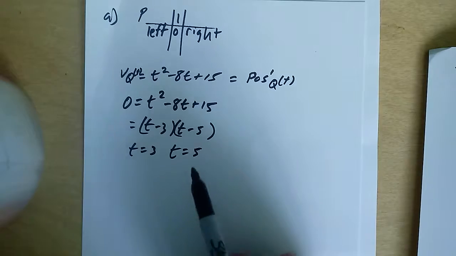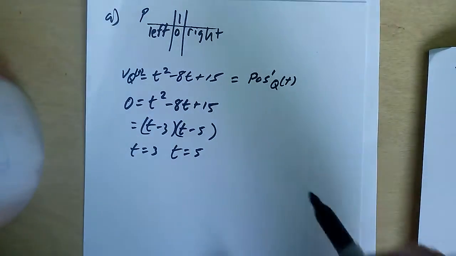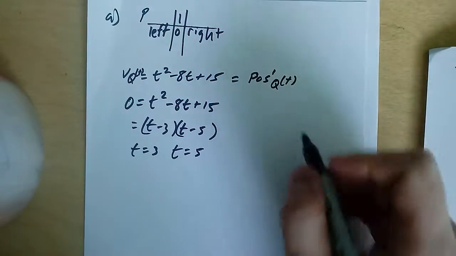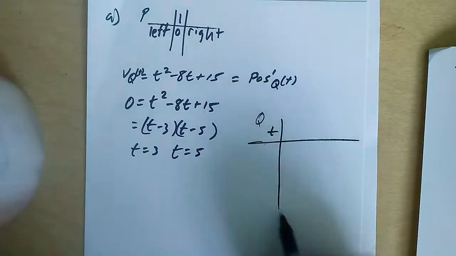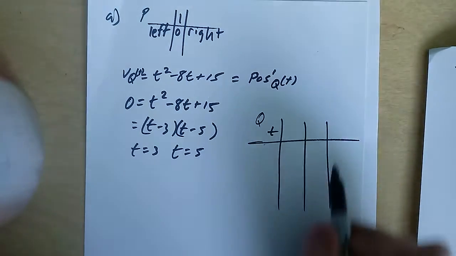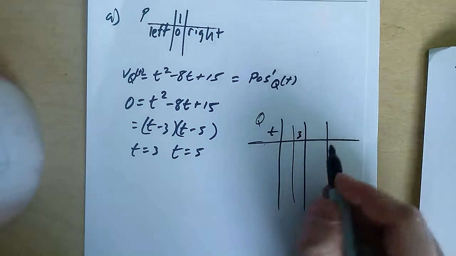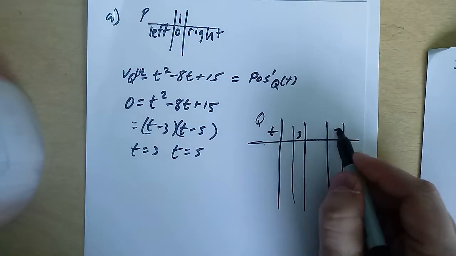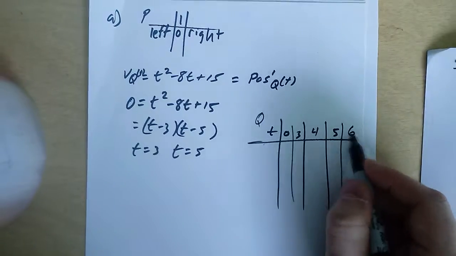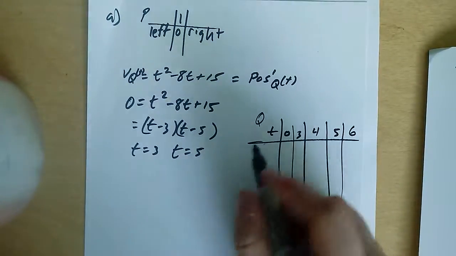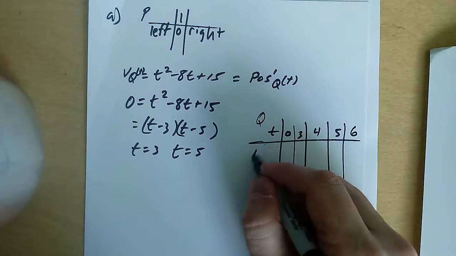If I go and make a sign chart for particle Q, I can just use the factored form instead of having to plug stuff in.